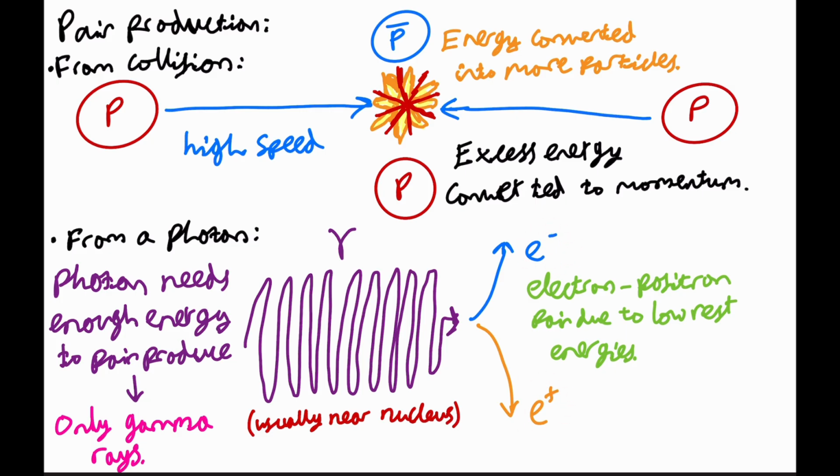The electron-positron pairs are produced because they have low rest energies, so as soon as the gamma ray has enough energy to pair produce, it will just produce electron and positron pairs. And this usually happens near the nucleus of the atom.